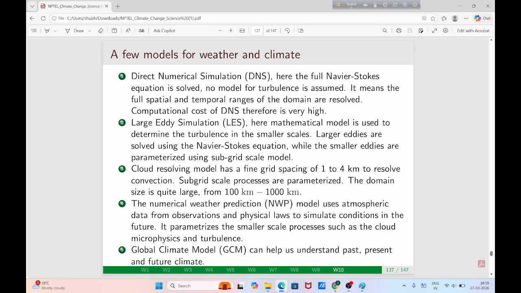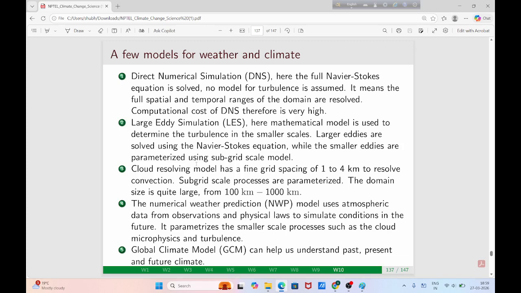But we cannot exactly resolve those processes. So again they parameterize the subgrid scale processes. That is another example of parameterization, but it is efficient in giving a rough estimation of the idea. That's why our weather predictions often cannot give us exact results.